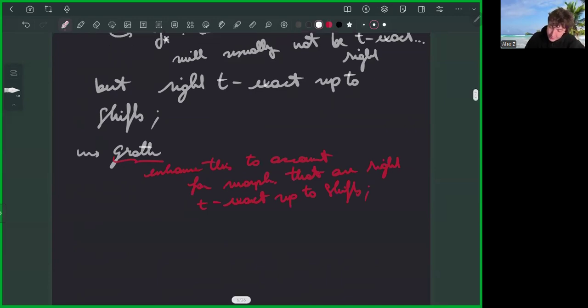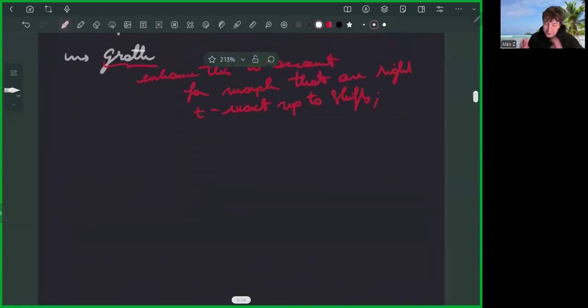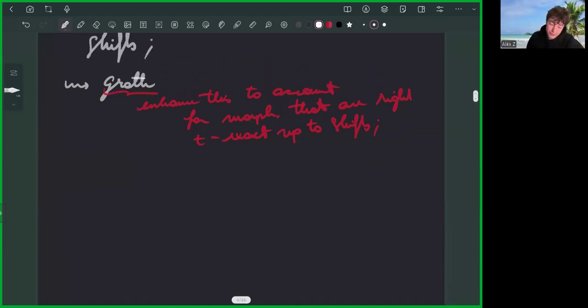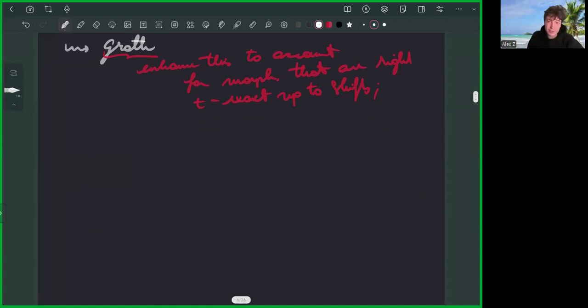Okay, so this is sort of the motivation. We want to do this because we really need it. Later on, when we have maps of stacks which are quasi-affine, I think this is a sufficient condition for the push forward map between the quasi-coherent sheaves from X to the quasi-coherent sheaves on Y to be right t-exact up to shifts, so shifting the t-structure, taking the connective part to the connective part right shifted by some integer n.